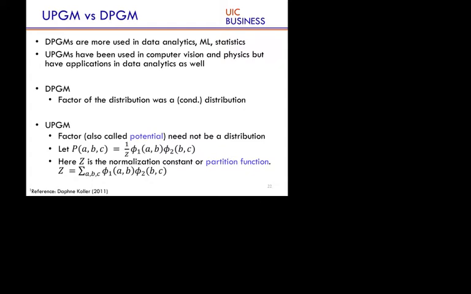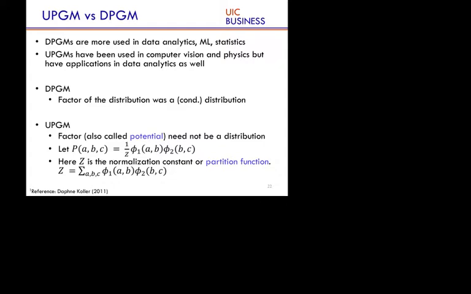They're just functions. For example, let's say we are writing the joint distribution for 3 random variables, a particular instantiation of those variables. Then the probability of a, b, c can be written as, let's say, some normalizing constant times some function of AB and some function of BC.